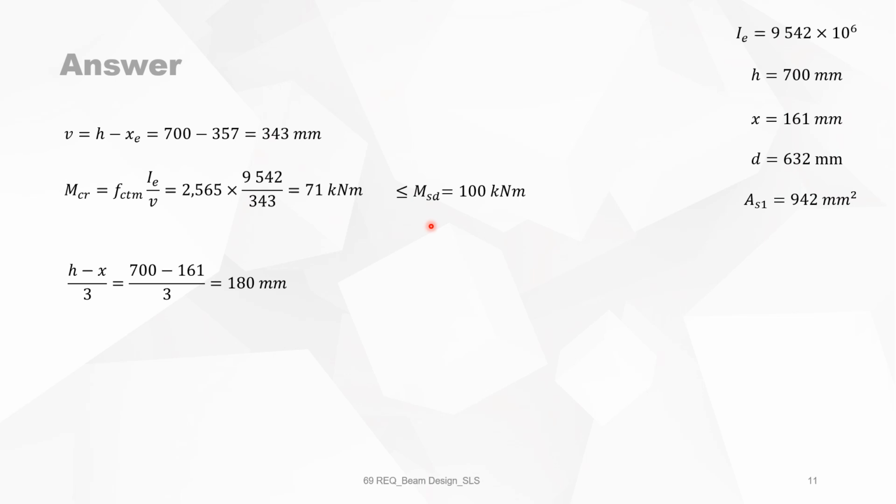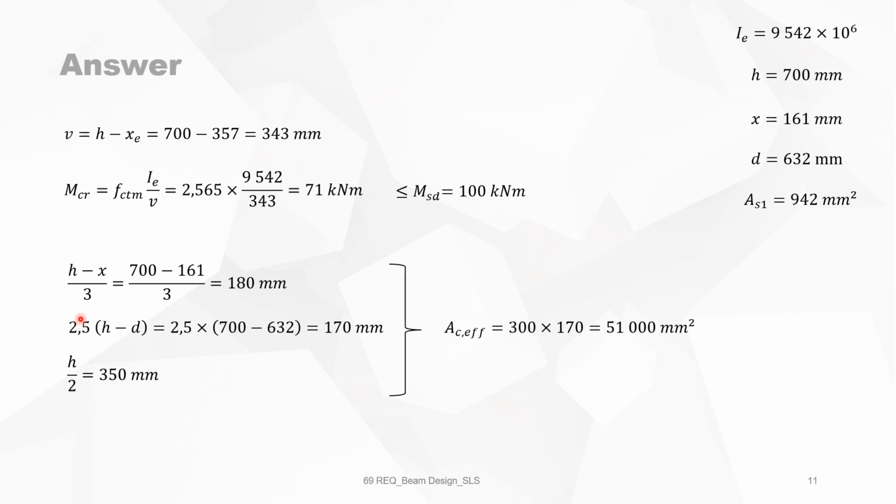So we now do a crack width calculation. We are calculating AC effective, and we take the minimum value of those three: H over 2, or 2.5 times H minus D, or H minus X divided by 3. The minimum value is then 170.